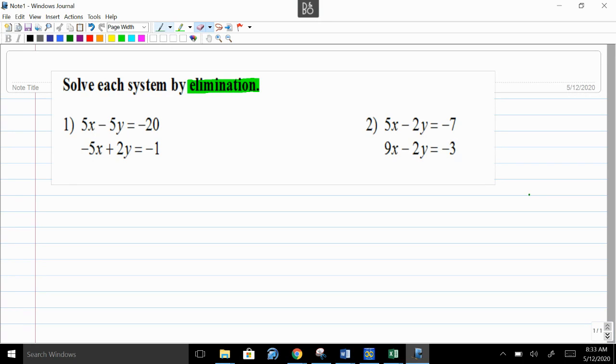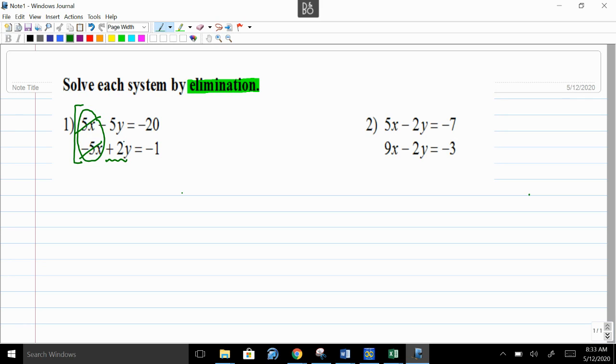So if we take a look at number one, you have positive 5x on the top and a negative 5x on the bottom. So what we can do is we can take these two equations and we can add them together and make them one. And it's okay to do that because these x's are going to take themselves out of the problem.